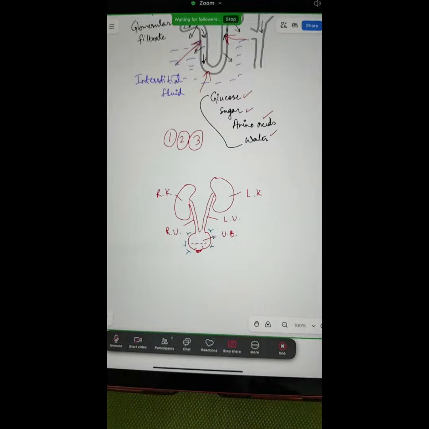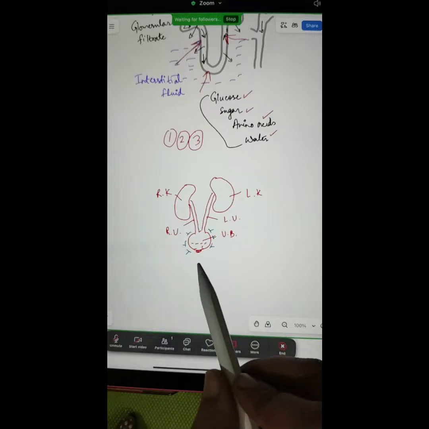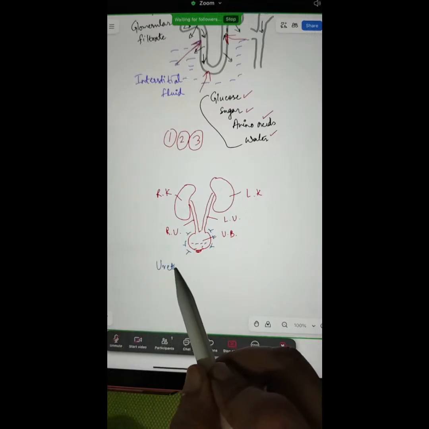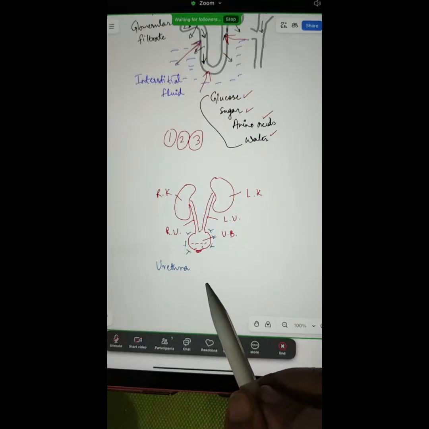They send the information to the brain, where the information is interpreted, then the information will come out with the help of a motor neuron, and because of which the information will reach the muscles of the urethra, and the muscles are contracted and relaxed so that they open, and finally the urine is sent out. So the urine is sent out with the help of the urethra.